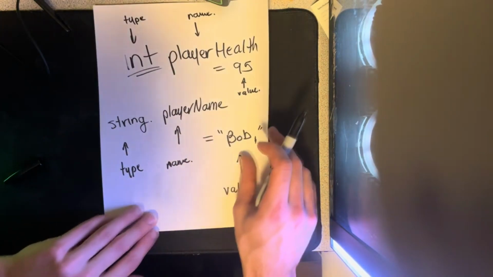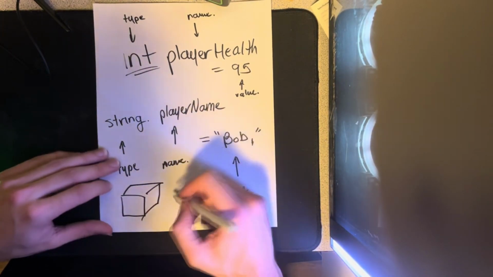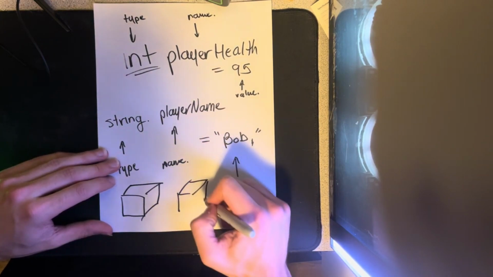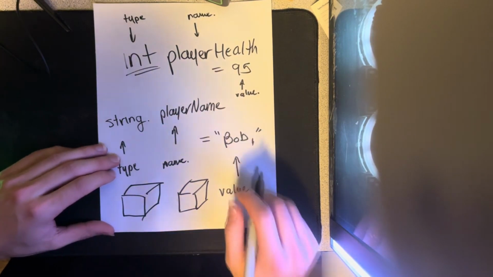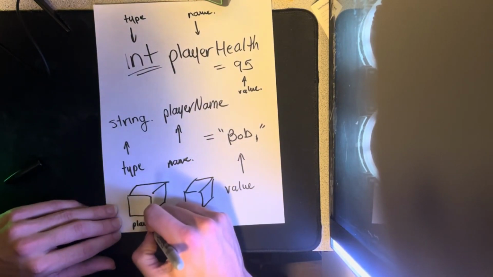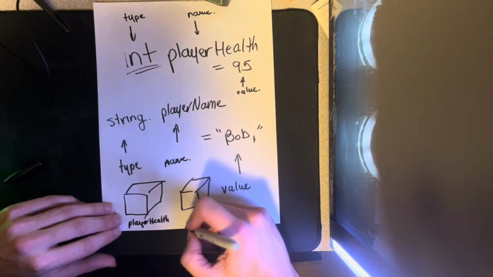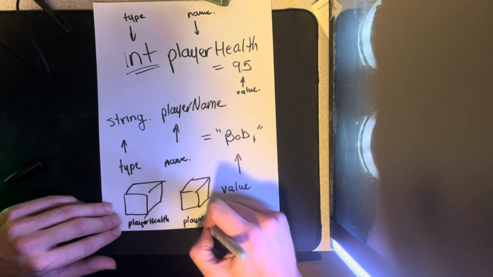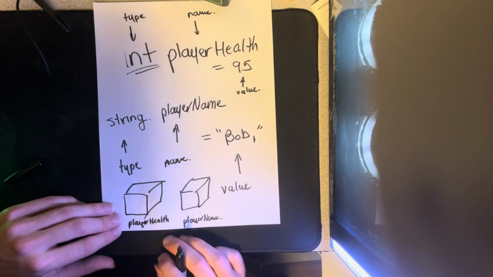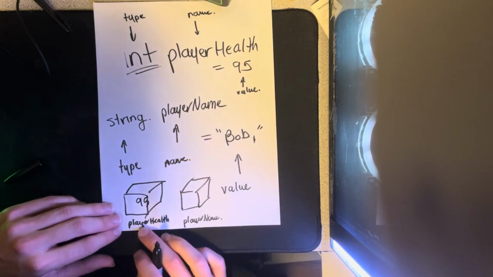So this line of code has given me two variables. I've got one variable here for player health. And I've got another variable named player name. This variable is holding a value of 95.